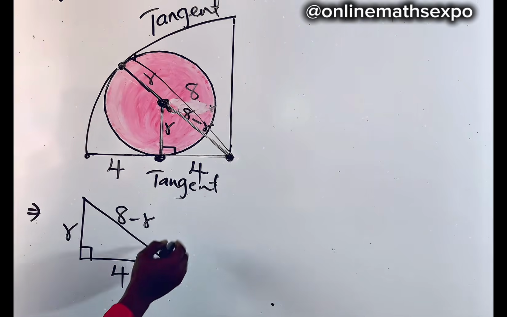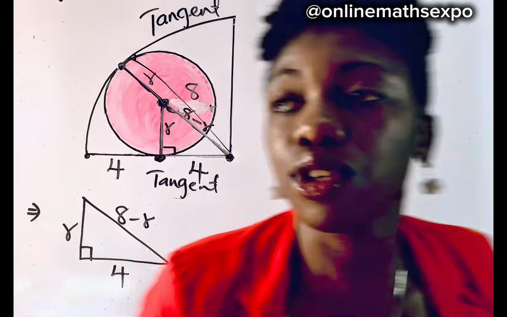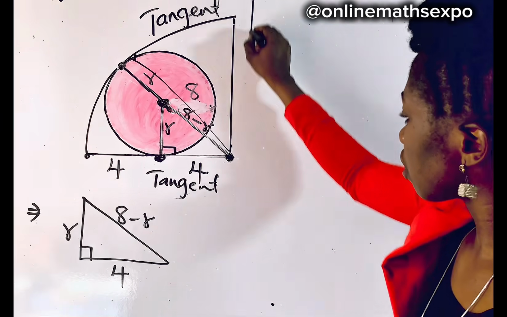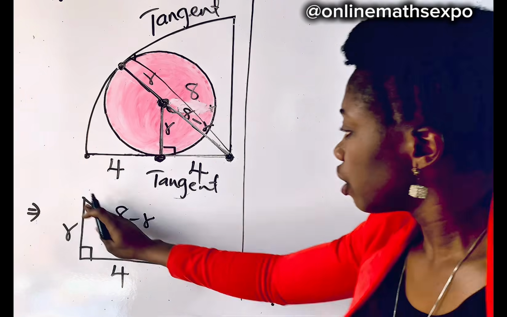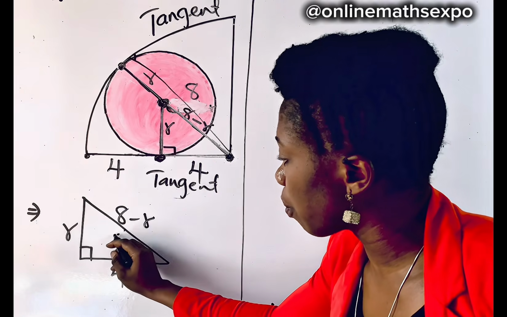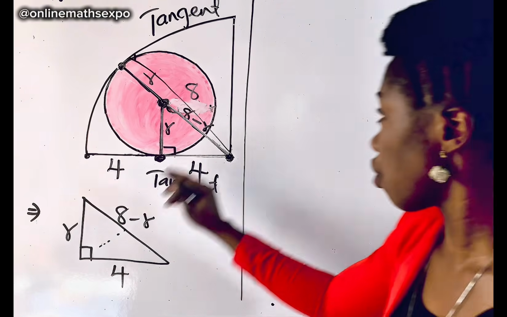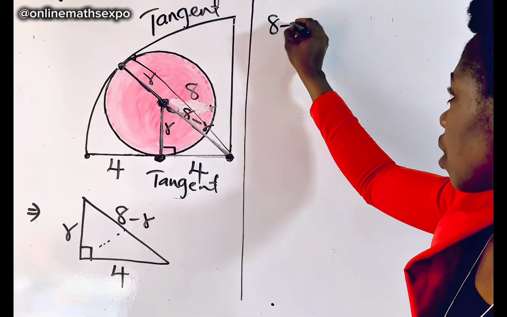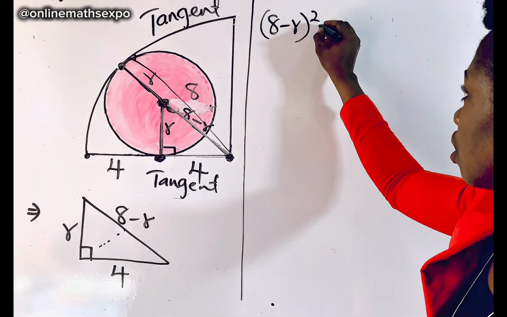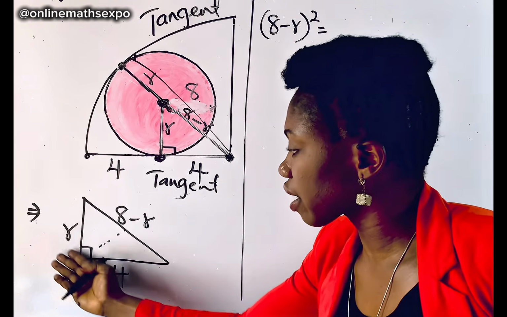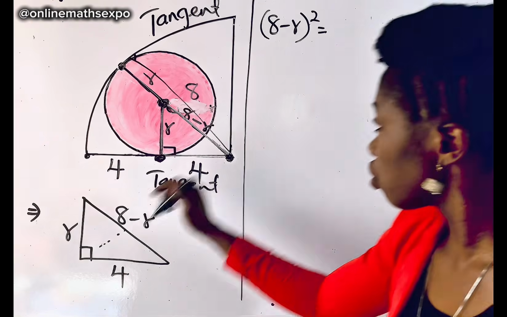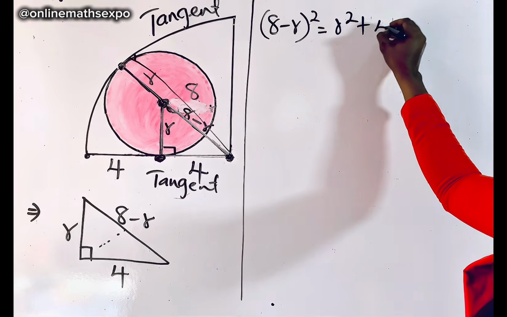So if you apply it here, the longest side, which is the side opposite to where this angle 90 is formed, is going to be 8 minus r squared is equal to the two legs squared and summed. So you square this plus 4 squared.